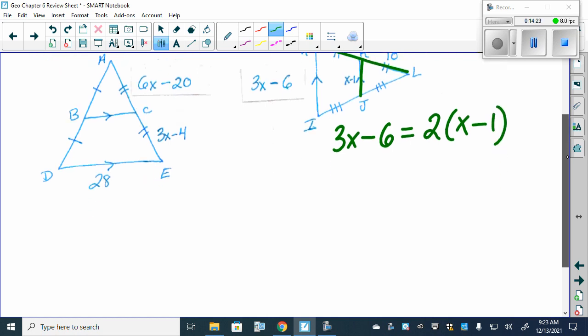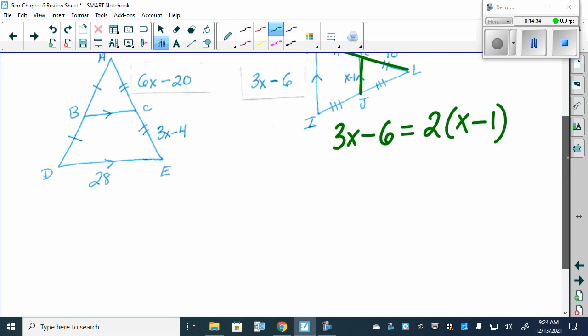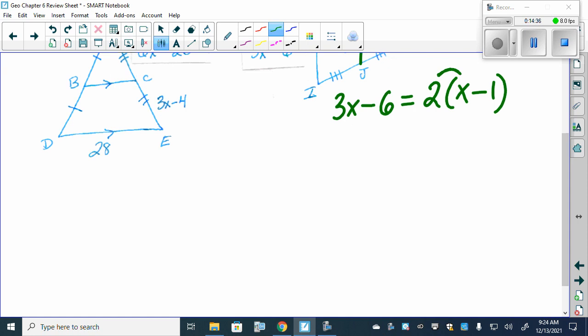This setup here is a little bit easier to work with because 3x minus 6 is not divisible by 2, so it's a little bit harder to work with. But this here will always work out to give us whole numbers. Now the first thing we can do is to distribute the 2, so it won't change the 3x minus 6. But over here we're going to have 2 times x, which is 2x, and 2 times negative 1 is negative 2.